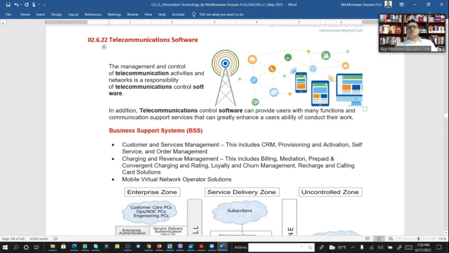And telecommunications software. If we see here, the management and control of telecommunication activity and networks is the responsibility of telecommunication control software. In addition, telecommunication control software can provide users with many functions and communication support services that can greatly enhance a user's ability to conduct their work.